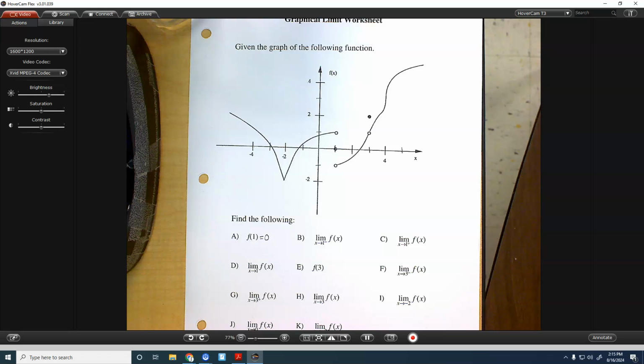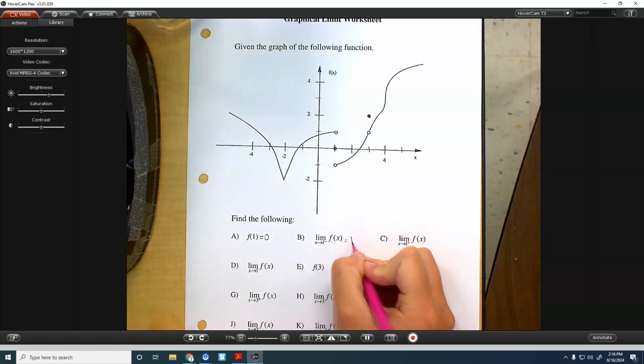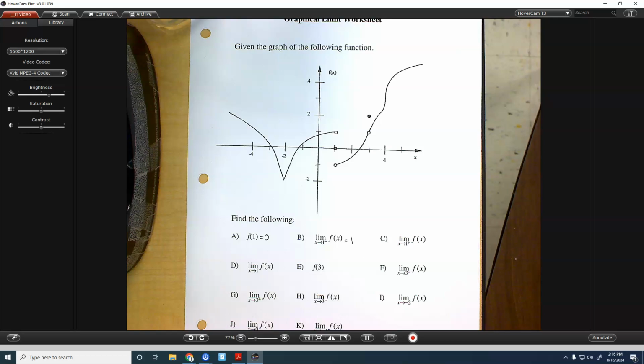B is looking for the limit as x approaches 1 from the left. So, any ideas there? I put it does not equal 1. Okay. Those of you that said 1 are correct, because limits. Now, if they had asked us, well, they didn't really ask this question here. For example, at 1, the value of this function is 0, right?